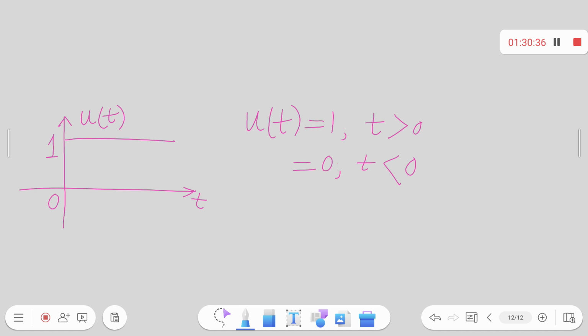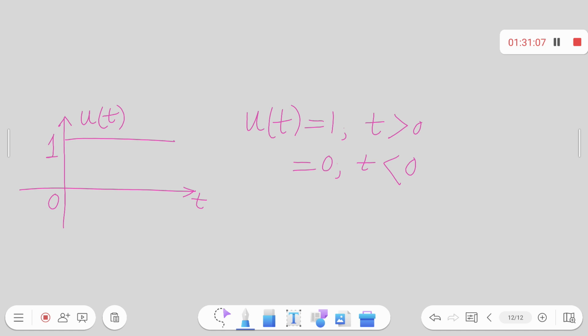That means at t equal to 0 plus you have a certain voltage, and for t equal to 0 minus you don't have any voltage. How does the system respond? That can be easily understood if you analyze the system with this kind of signal. That's why this signal plays a very important role in signals and systems, and in many other systems like control systems and circuits, because it gives you the flavor.